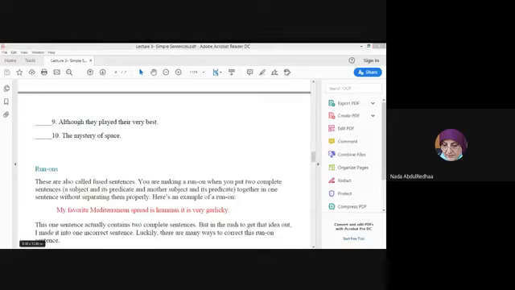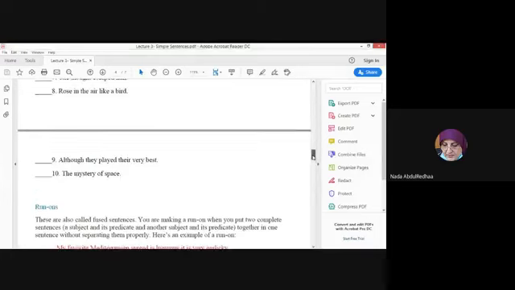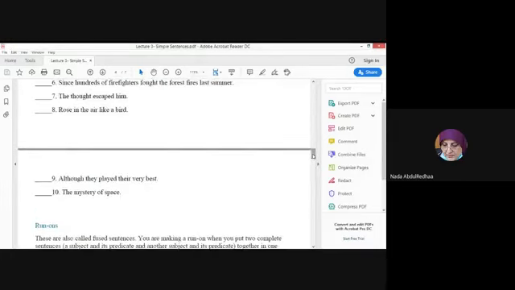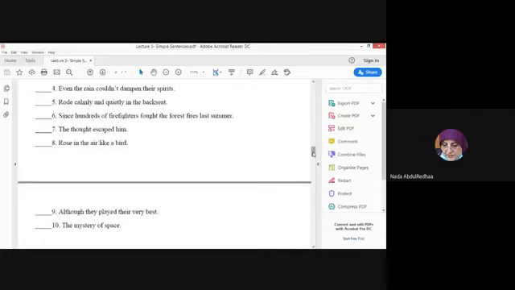Of the sentence number 8, rose in the air like a bird. I think the missing is not the subject, it's the verb. Because we can say that rose is the subject and there's a verb missing. So if we wanted to add a verb, we can say rose flies in the air like a bird.